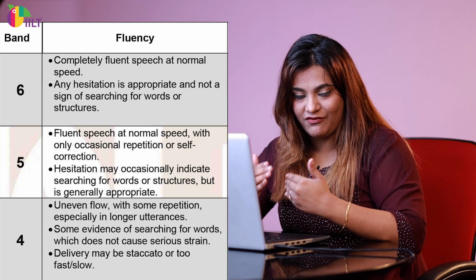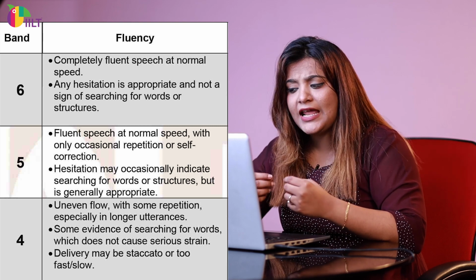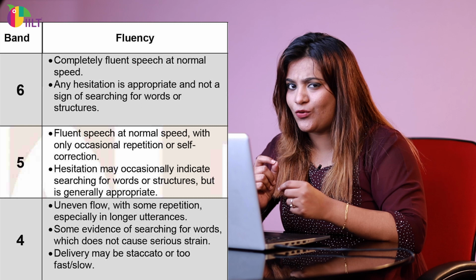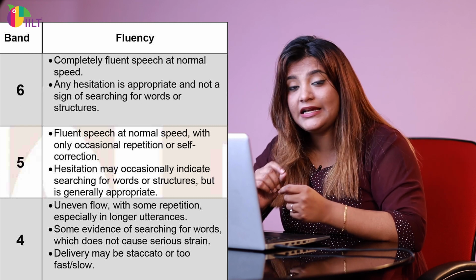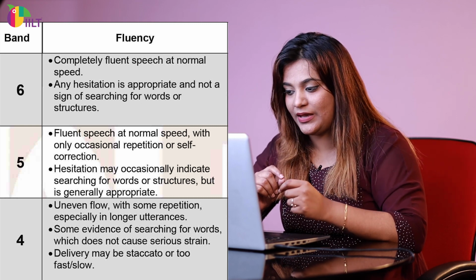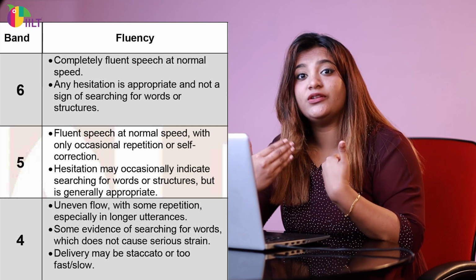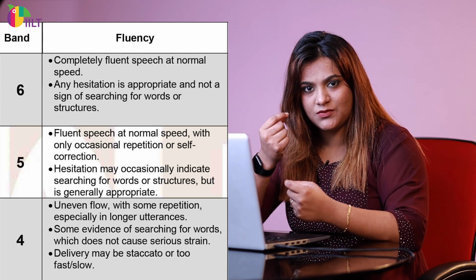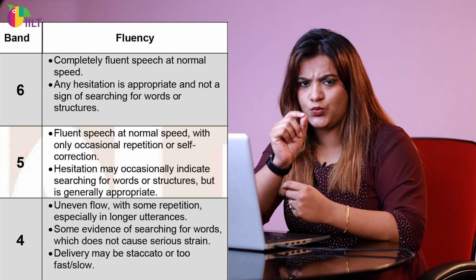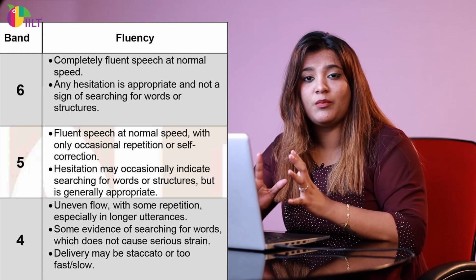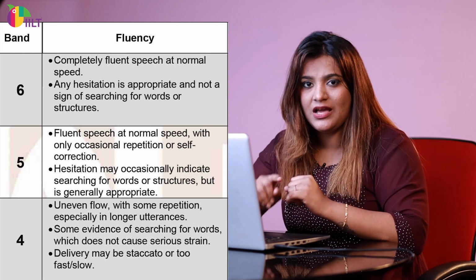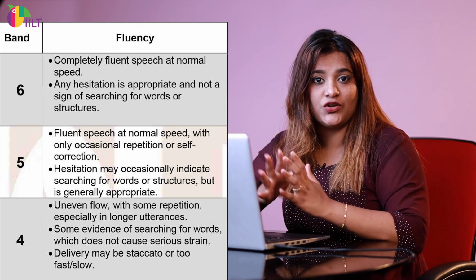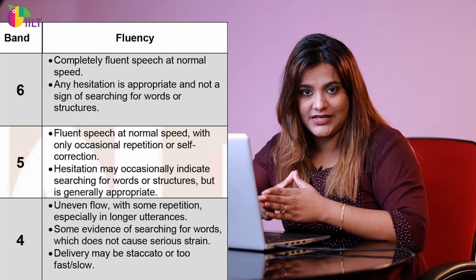And a little bit of hesitation is okay. Even a slight hesitation is okay, showing that you're not searching for the words or the structures. You're just being hesitant about what to speak next. A slight one is all right. So if you're performing like that, completely fluent with a little bit of hesitation, then you'll get a 6 for your fluency criterion.